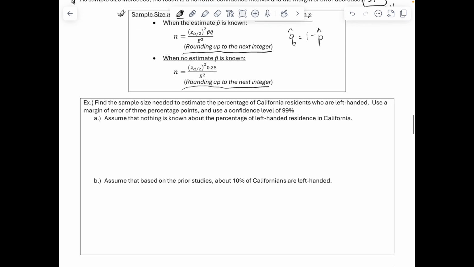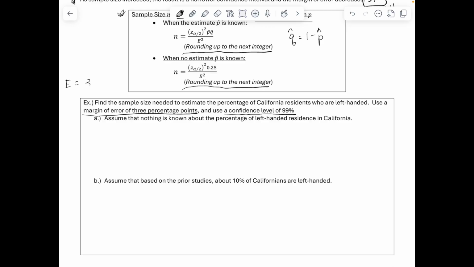So the example right below says, find the sample size needed to estimate the percentage of California residents who are left-handed. Use a margin of error of 3 percentage points and use a confidence level of 99%. So it tells us our confidence level, and it also tells us our margin of error is 3 percentage points.